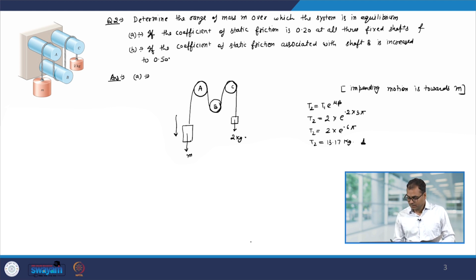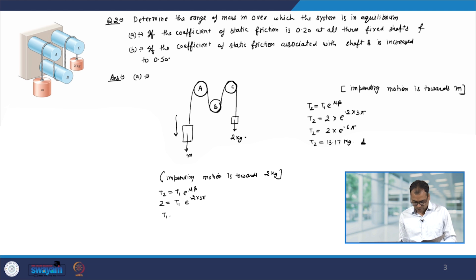Now, let us look at the second case wherein we assume that the impending motion is towards 2 kg. In that case 2 kg will be your T2. So, again we have T2 equal to T1 e to the power mu beta, but now T2 will be 2 kg. So, 2 equal to T1 e to the power mu is 0.2 and beta is pi plus pi plus pi, which is 3 pi.